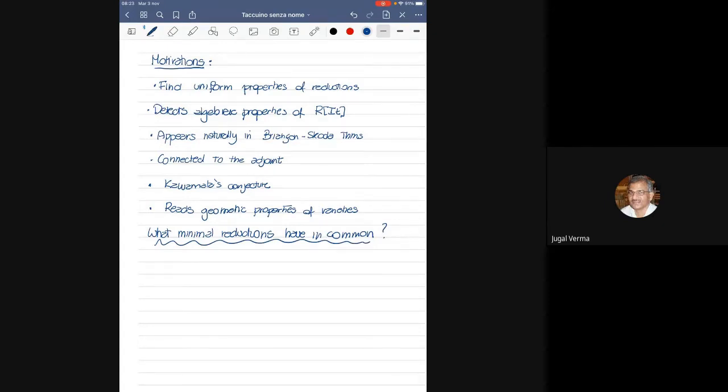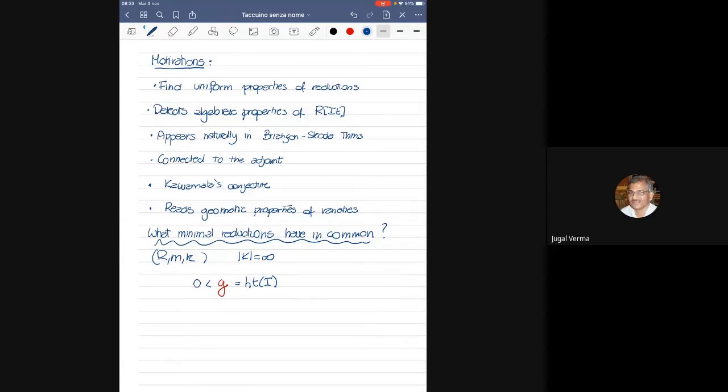Remember that I have a local ring, and now I assume that the residue field is infinite. Then for our ideal I, let's call g the height of our ideal, and let's assume it's positive.